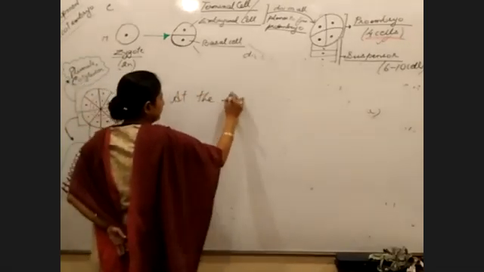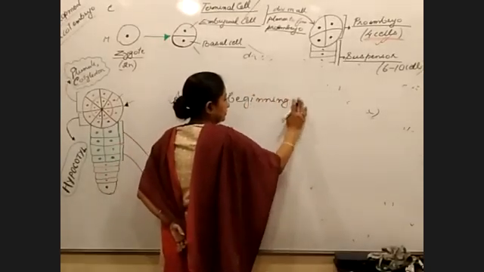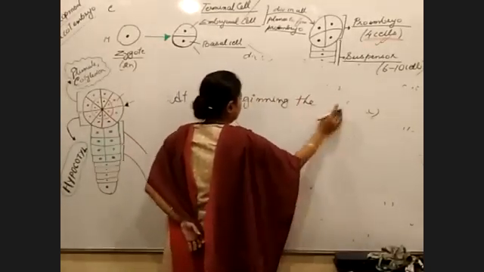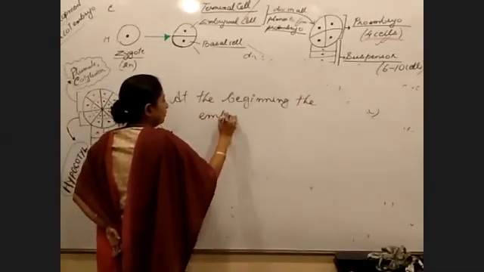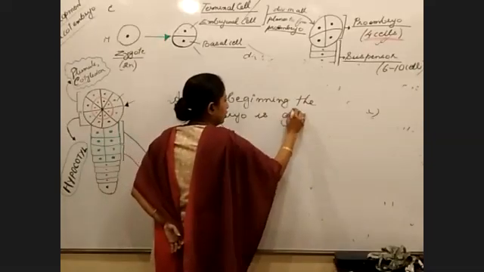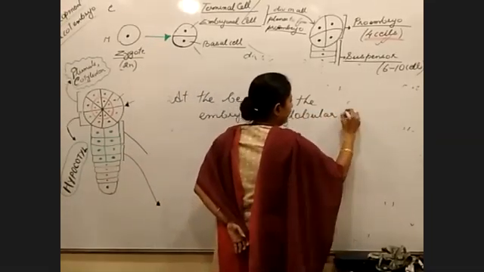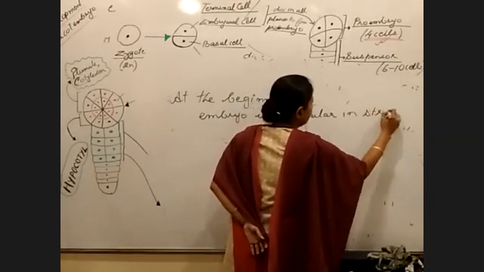At the beginning, the embryo is globular in structure.